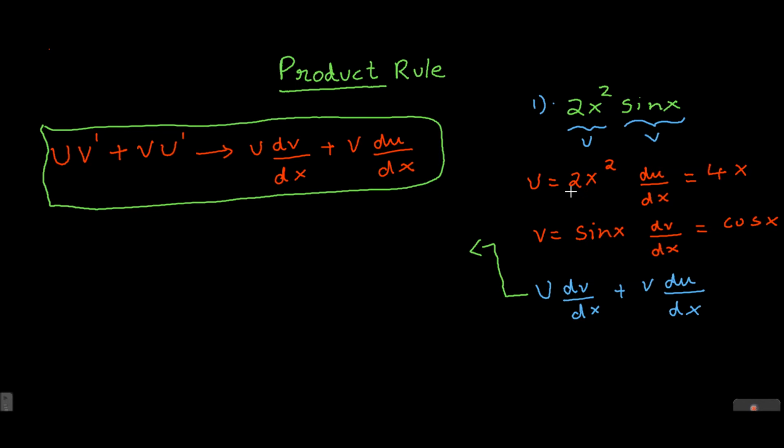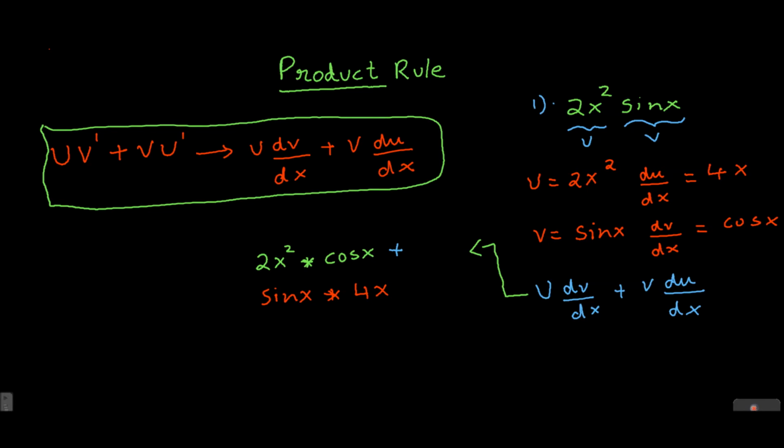So for u, you're going to plug in 2x squared times your dv over dx, which is cosine x, plus your v, which is sine x, times your du over dx, which is 4x.